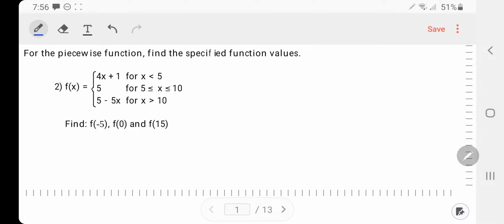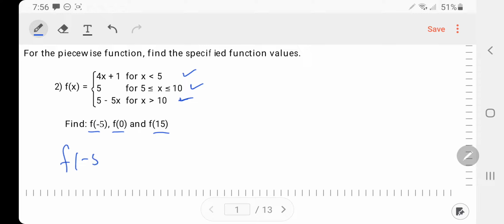Question number 2. They want us to find 3 function values. And just so you know, there are 3 pieces to plug into. And what's going to determine which piece you use is the value of x that you plug in.